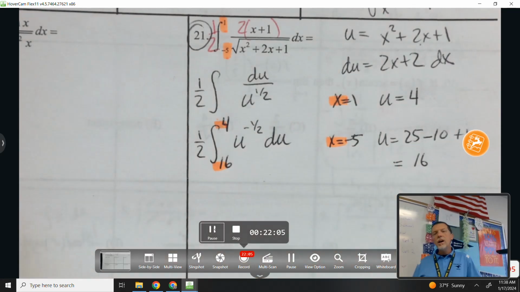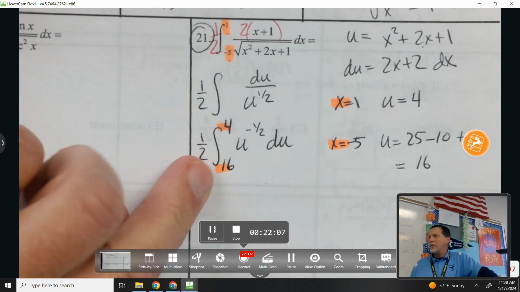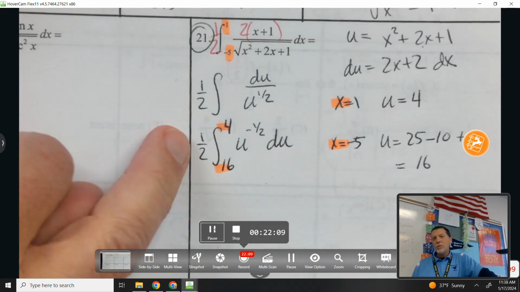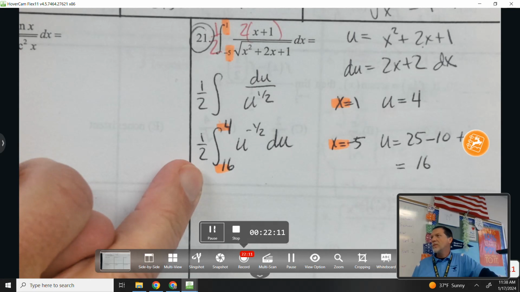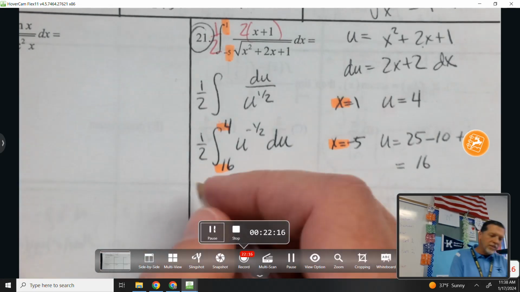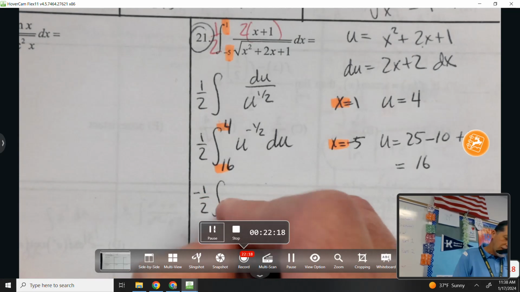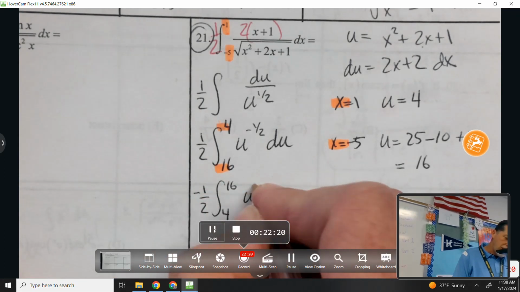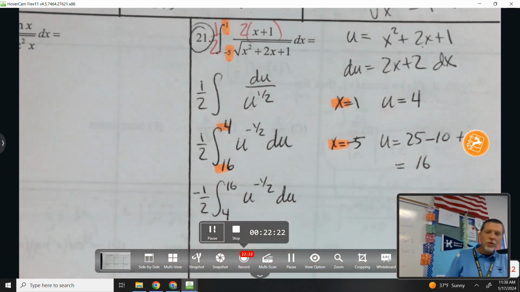It is your choice. You can still do it this way, but I would probably flip it around because I like the lower number on the bottom. And if you want to flip it around, the price you pay is a negative out front. So kind of your choice on whether to flip it or not.